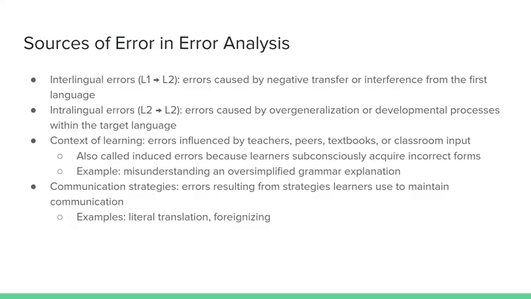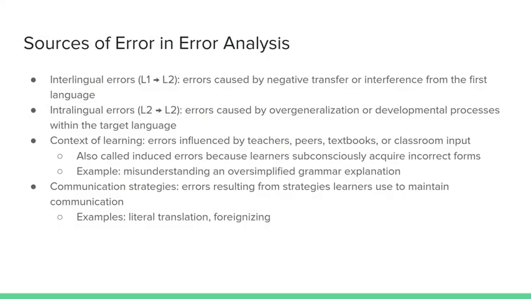So through these, we can find that some of the overgeneralization or simplification or incomplete rule application could be found. And some of the other examples would be some things that we'd be able to find within these interlingual and intralingual errors.